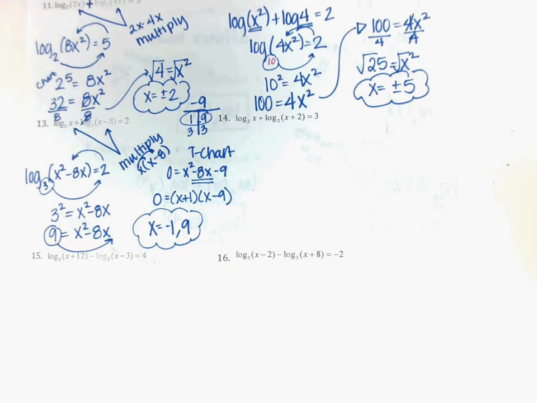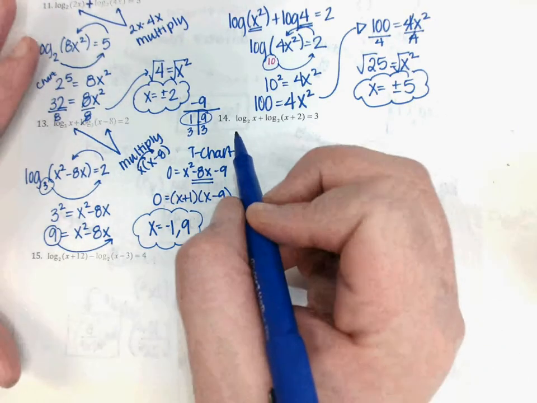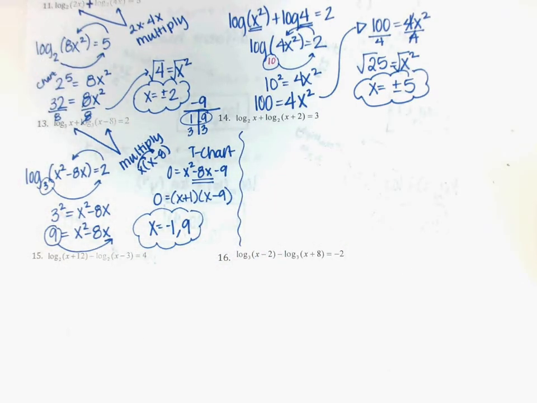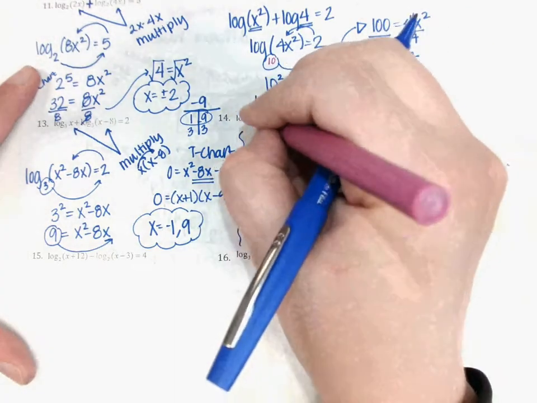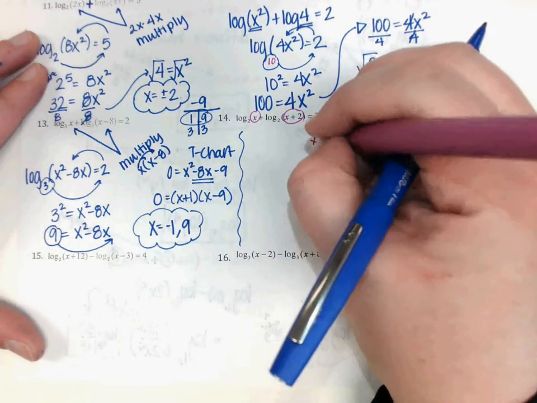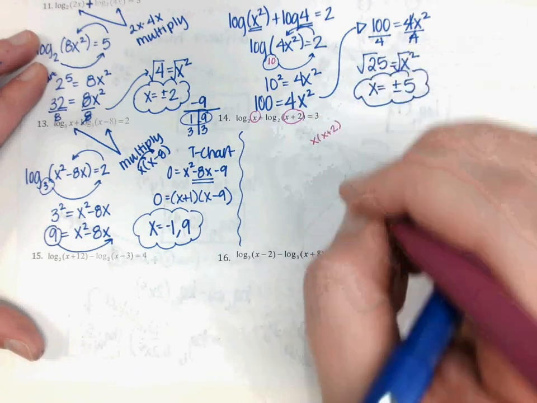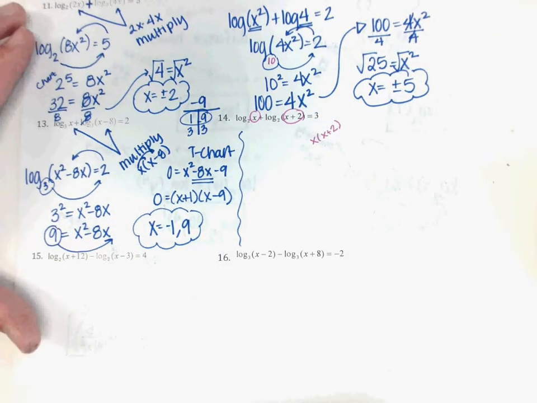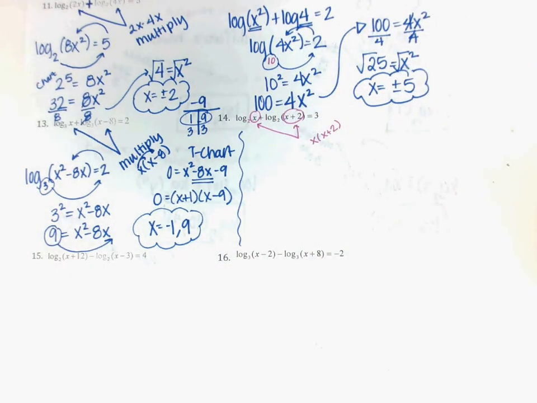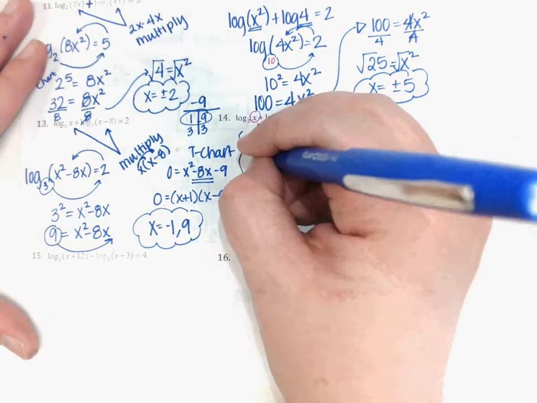One more like that. So number 14, we have 2 logs. They are added. What are we going to do with their arguments? Multiply. But I need to do x multiplied by x plus 2. Okay, in order for me to combine those, I need to multiply those together. So what's x times x? X squared.